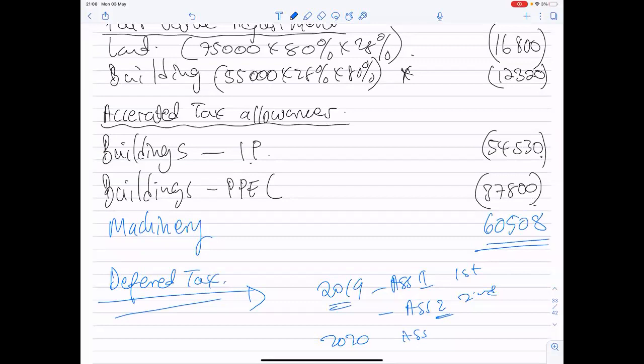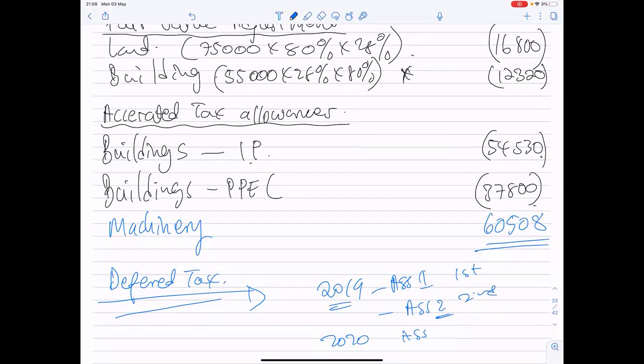I think I shared the answers and the questions on the group. Now you are just practicing on property, plant, and equipment altogether. We have other situations whereby investment property is converted into PPE, or PPE is converted into investment property. So we're going to look at that at a later stage.